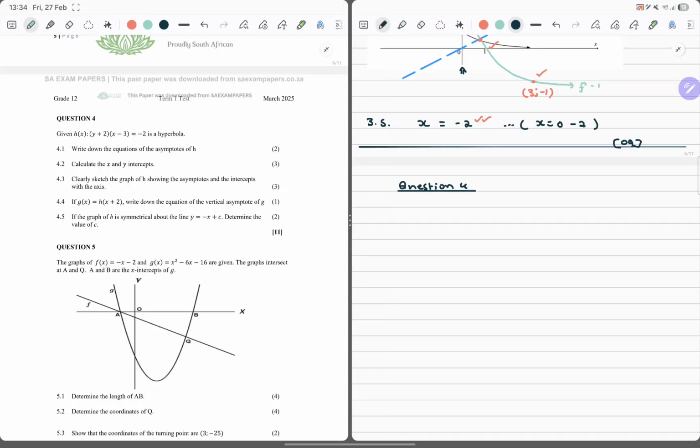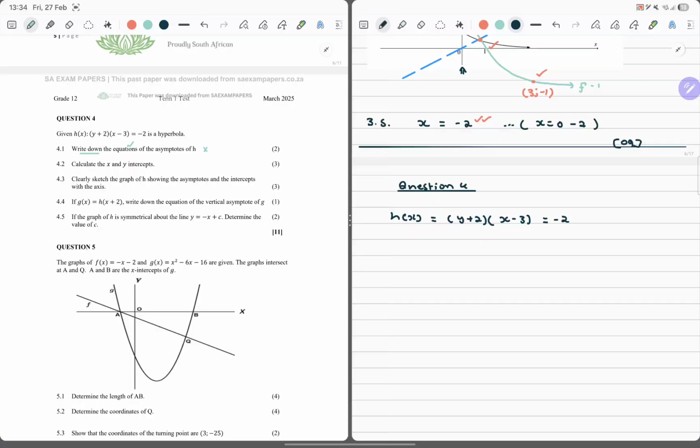Question 4, we are given h of x, which is the hyperbola. Right, so it's written in a way that is not exactly standard, but it's not bad either. Okay, we are told to write down the equations of the asymptotes. Again, this is a wrong question for grade 12.